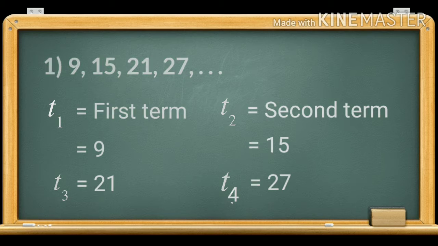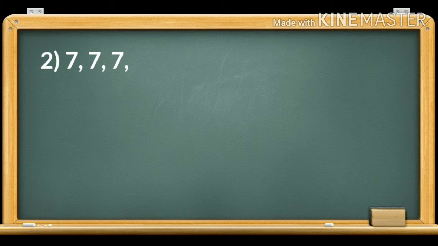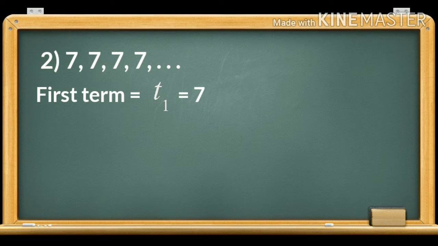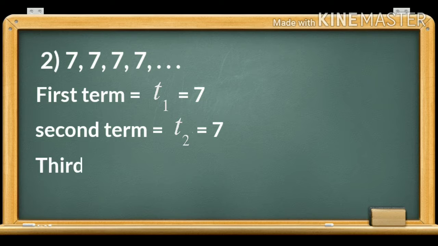Now, in second sequence, here sequence is 7, 7, 7 and so on. So, here first term, that is T1, is 7. Second term T2 is also 7. Third term, that is T3, is equal to 7 and so on.